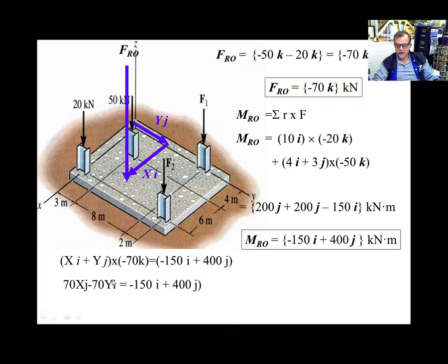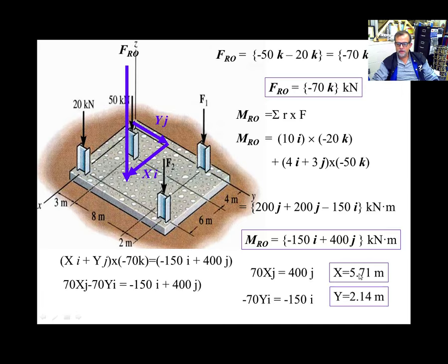Everything that goes in I has to be equal, and everything that goes in j has to be equal. So basically that's what you do. 70x has to be equal to 400, and negative 70y has to be equal to 150, and then you get the location of the unique force, which is the resultant force.